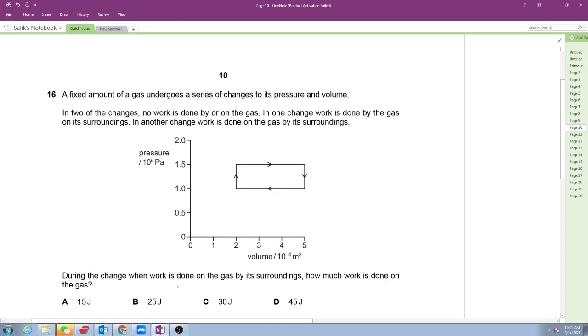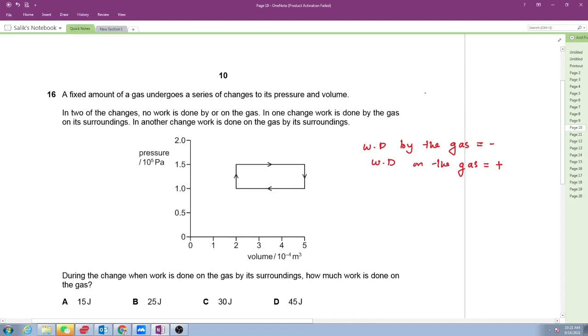During the change when work is done on the gas by its surroundings, how much work is done on the gas? Keep in mind there are two situations: work done by the gas, we consider negative in physics; work done on the gas, we consider positive.